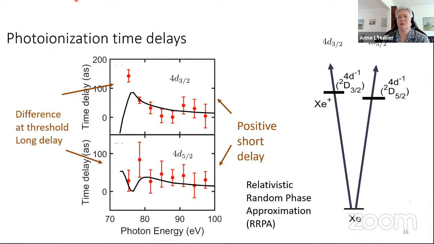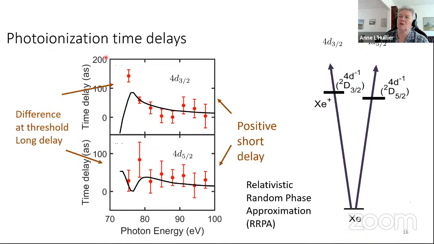Maybe I go back to this. We actually determine the 0 here or 100 by measuring at the same time photoionization in neon. So this is characterized using the neon result, where you can really assume that the photoionization time delay, if we remove the TICC contribution, is 0. So this is a difference.